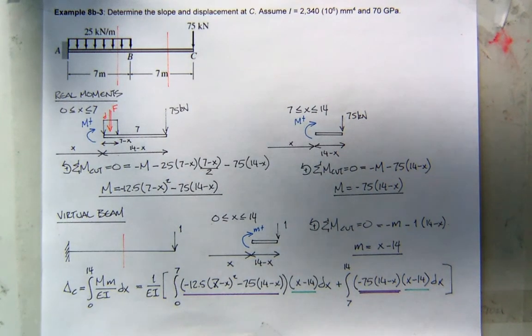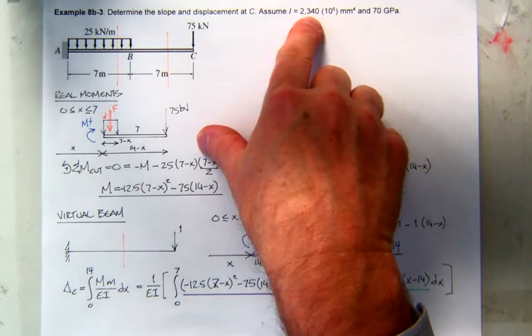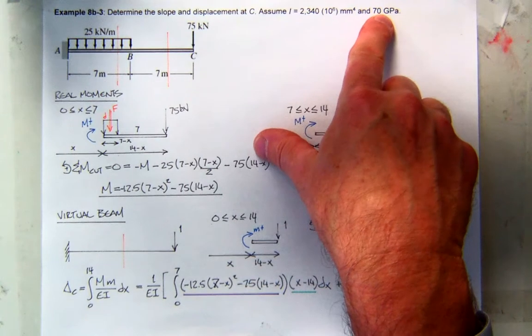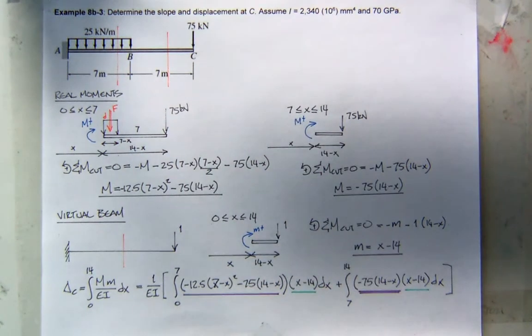And again, I'll go back to the office later today, and I'll finish this off and give you the numerical value, because I did give you a value for I and E. But that's good enough for today. Hopefully that demonstrates the concept, and you won't get too tied up in all these details, because this would take some time to do, right? I don't know about you guys, but I can't integrate this right off the top of my head.